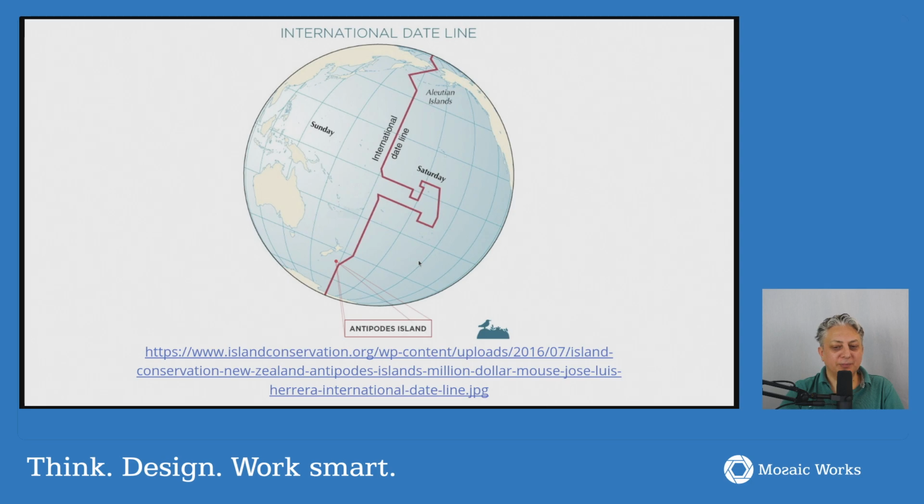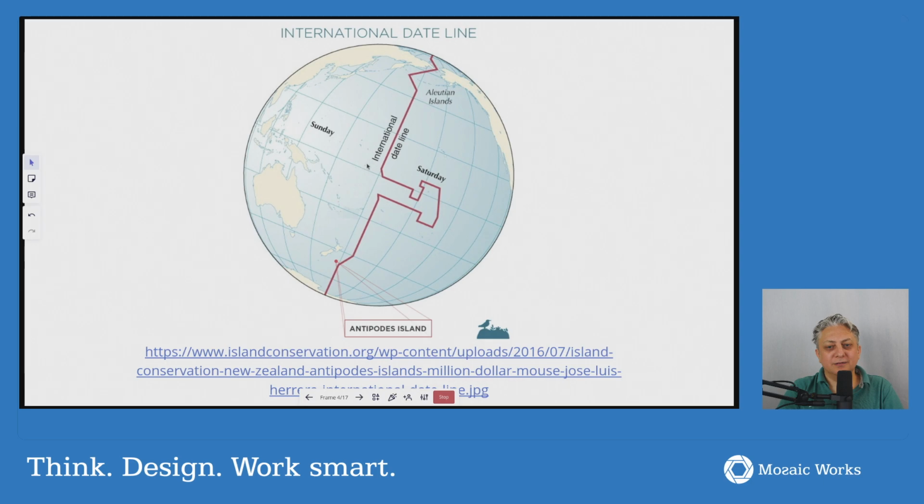Let's talk a bit about the international dateline, because this is something that is not so clear for many people. First of all, it's not really a straight line. The reason is that, let's say you are living on an island somewhere and close to you there's another island.